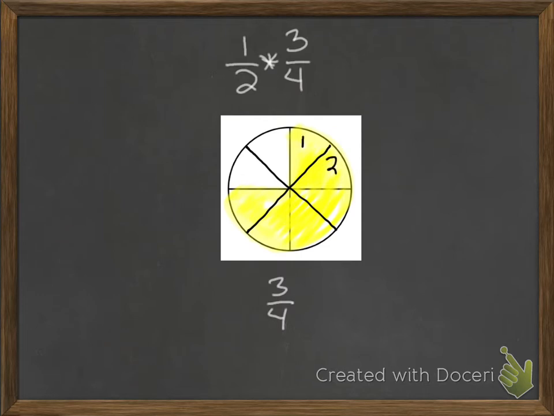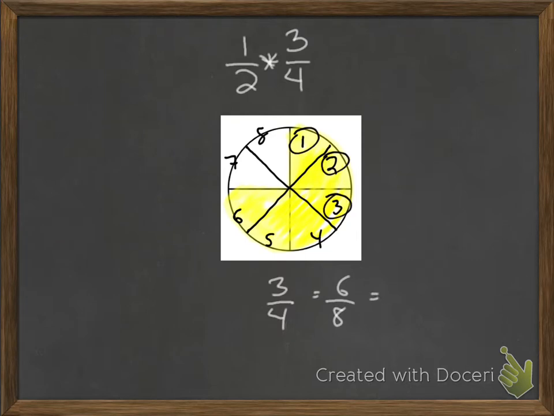I have 1, 2, 3, 4, 5, 6 shaded slices, right? Okay, and I have a total of 8 slices. Oops, sorry. I have a total of 8 slices. Okay, so if I take only half of those slices, right, I would take 1, 2, 3.